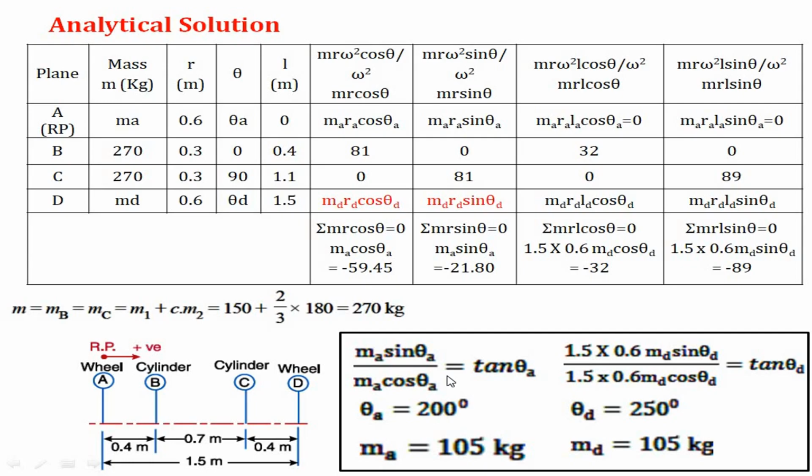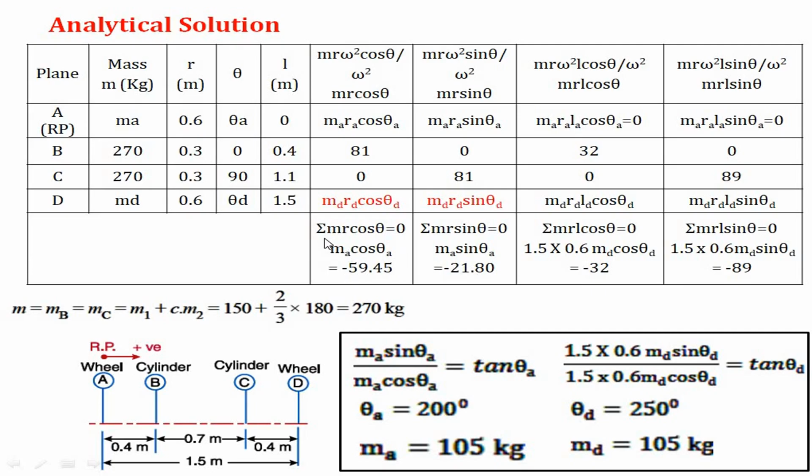So this is how we are going to deal with the analytical solution. One thing that we have to take care of is that while we calculate these angles using any calculator, you are going to get a value of theta which is always less than 90 degree. But first thing that we have to do, we have to decide the quadrant. Friends, if you focus over here, we are going to get MA cos theta a equal to minus, MA sin theta a equal to minus.